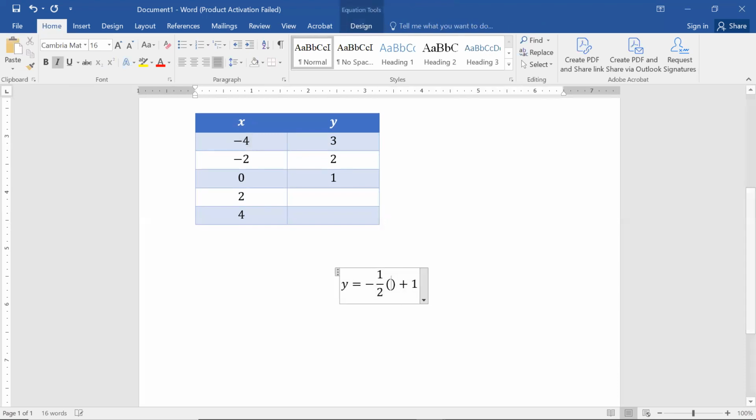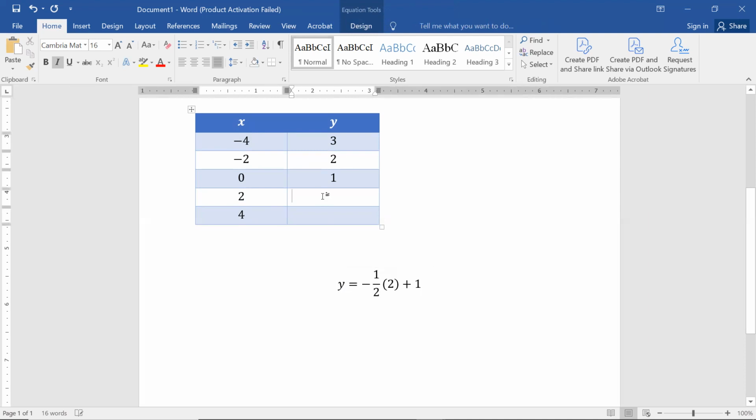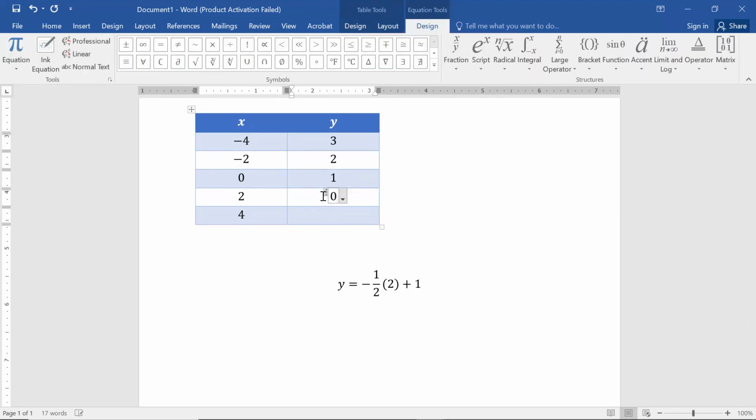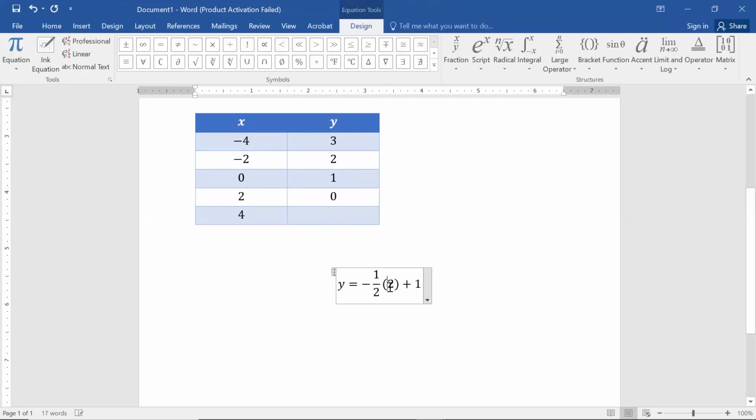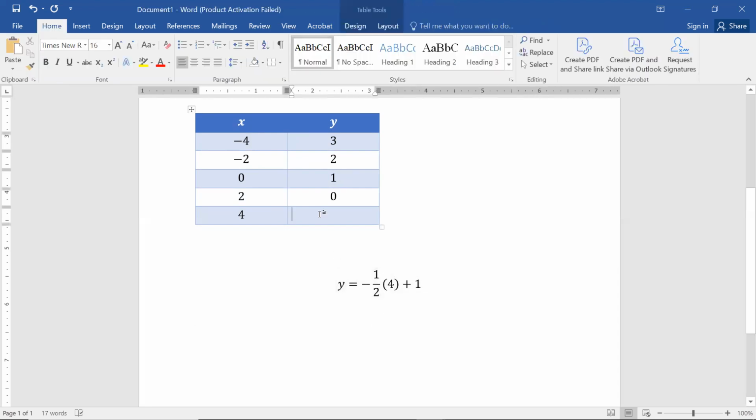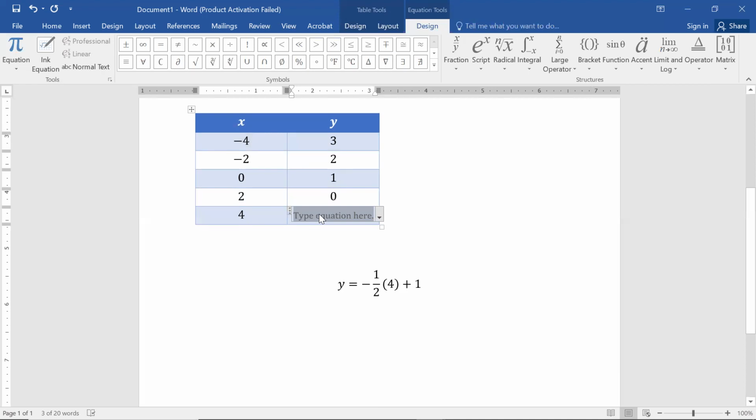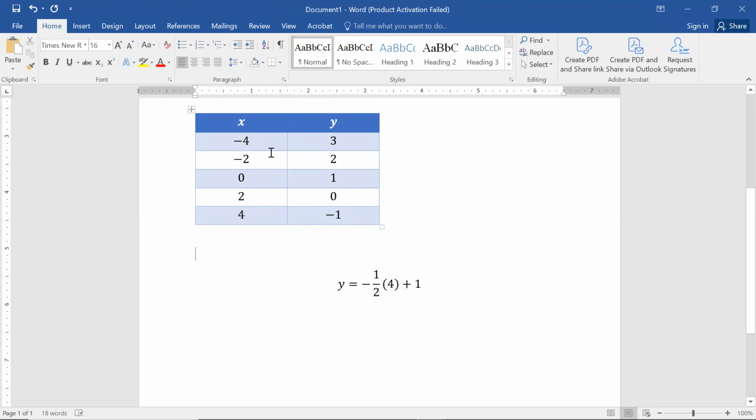When I plug in 2 for x, my y value becomes a 0. And when we plug in a 4 for x, my y value becomes a negative 1. So I have these 5 points that I can plot now. Let's go ahead and plot those points.